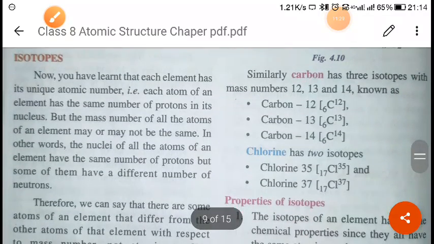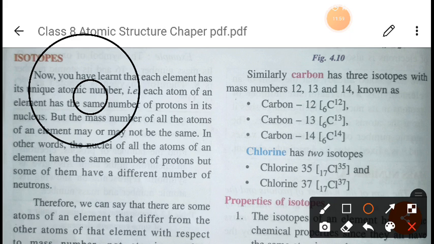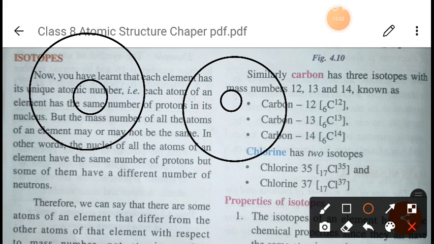So isotopes is what? As we have learned, each atom has a unique atomic number, right? And each atom of an element has the same number of protons in its nucleus, right? But we have seen that the mass number of all the atoms of an element may or may not be the same.